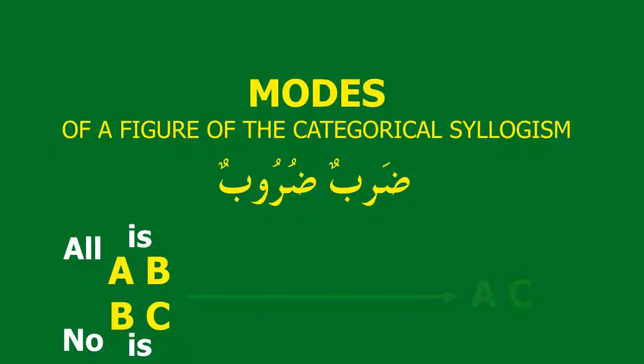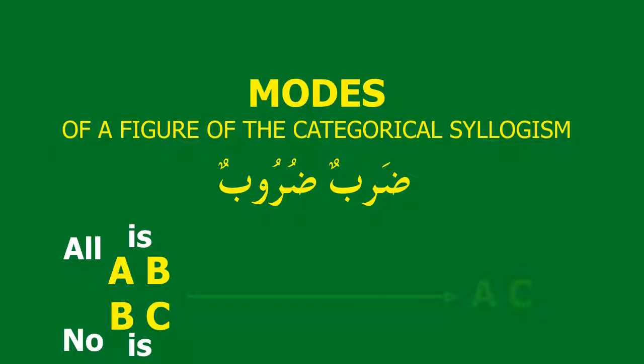No, there's no B that is C. So we're negating something. So when we add the quantifiers and the affirmation or negation to the abstract form of a figure, then that is called a mode of that figure. And every figure has 16 different modes. We'll see these very shortly.